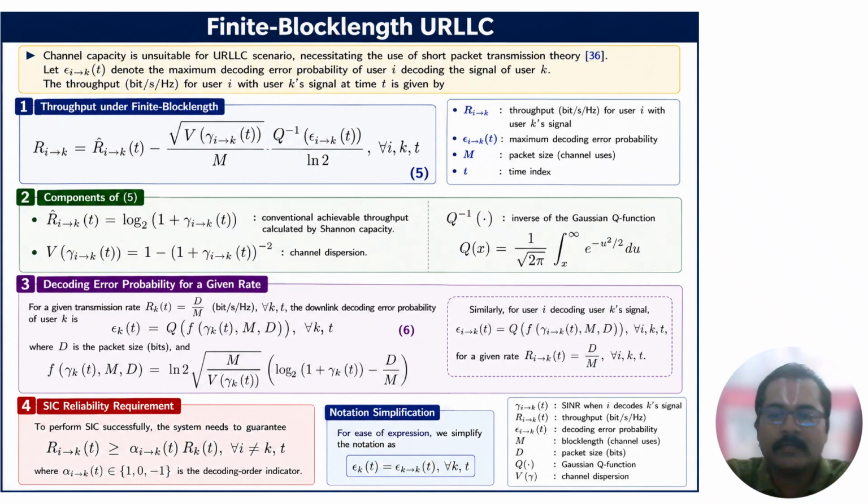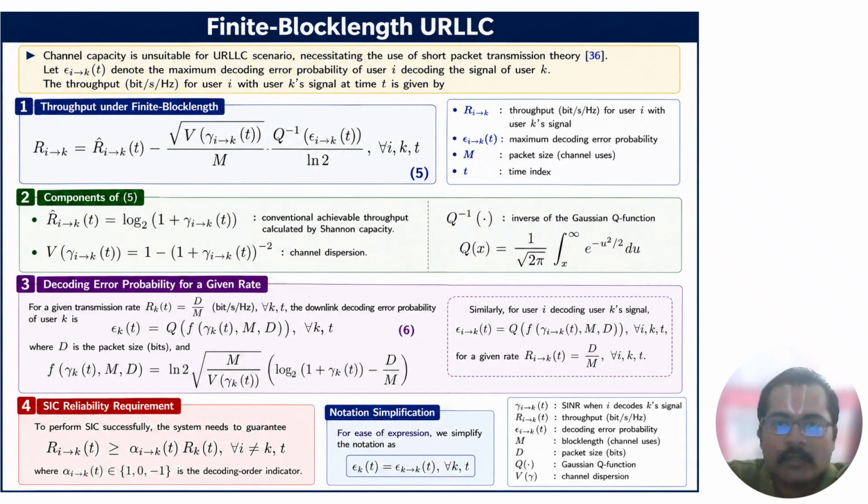Here our objective is to minimize the decoding error probability. Another objective is to minimize the arrival time. When you minimize decoding error probability, throughput increases. Throughput depends on the signal to interference noise ratio.